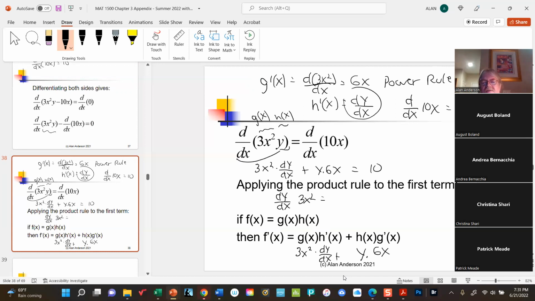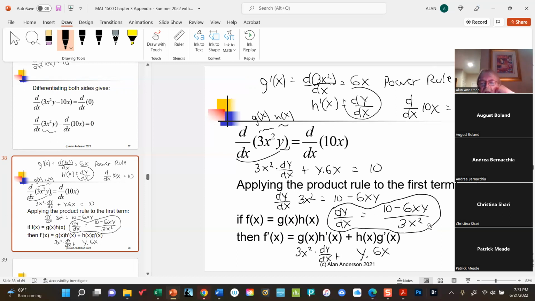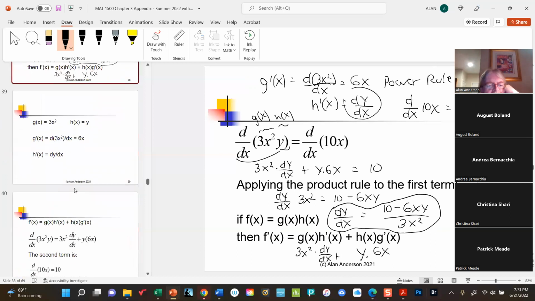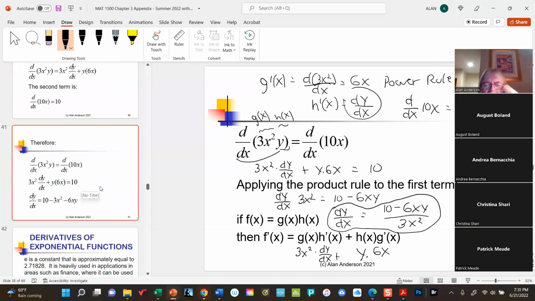I'll subtract that from both sides, and then I'm going to wind up dividing both sides by this 3x squared. Oh my God, what a mess that was.